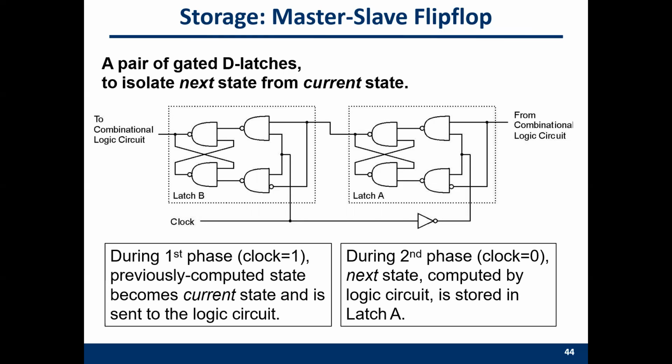You can see that the master-slave flip-flop is two D latches. It's the first one, and this is the second one. And these two D latches are actually controlled by one clock.